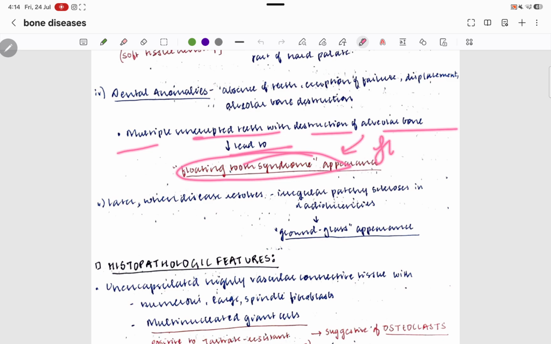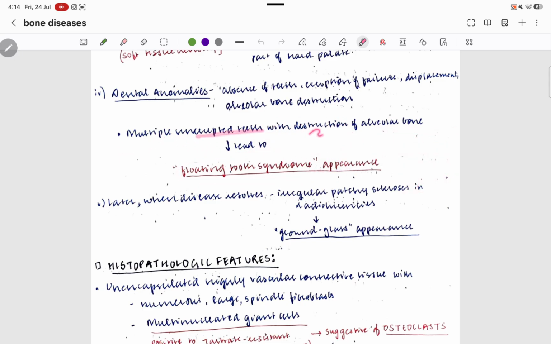Floating tooth syndrome. Okay, what is this? We will read about it. Floating tooth syndrome is when multiple unerupted teeth are present in the jaw and there is a destruction of the alveolar bone.